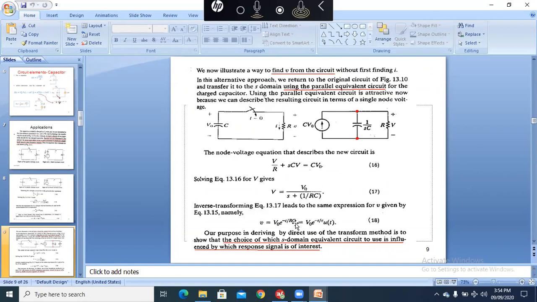Also we know that tau is equal to 1 by omega p, the inverse of the pole frequency, because the pole frequency is 1 by RC and tau is equal to RC.